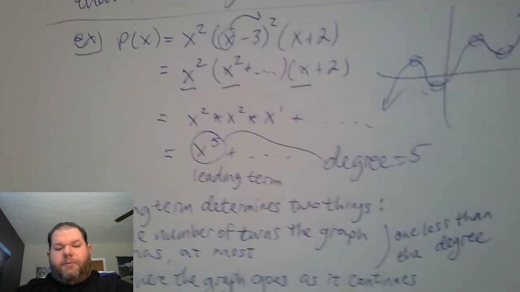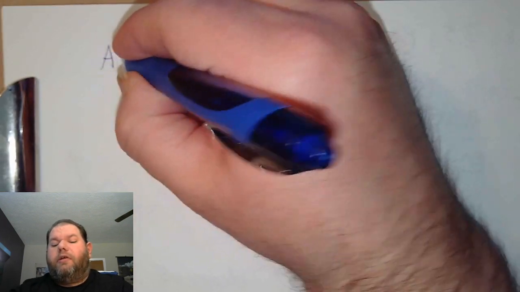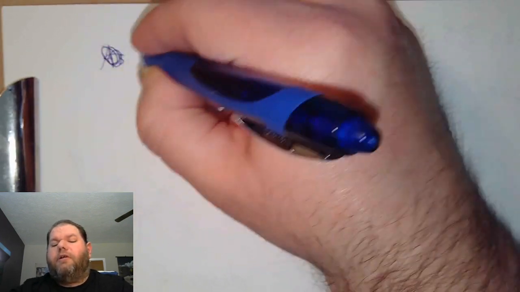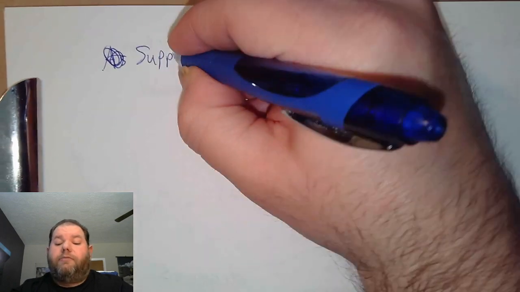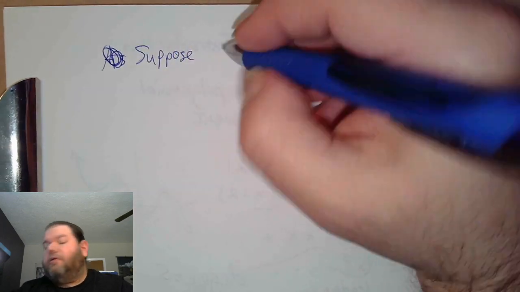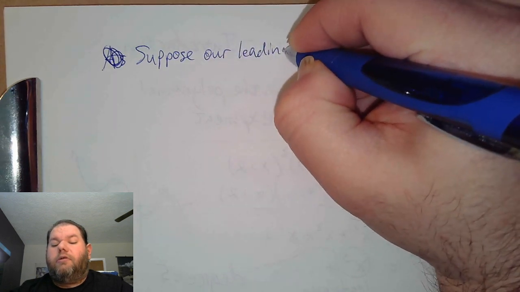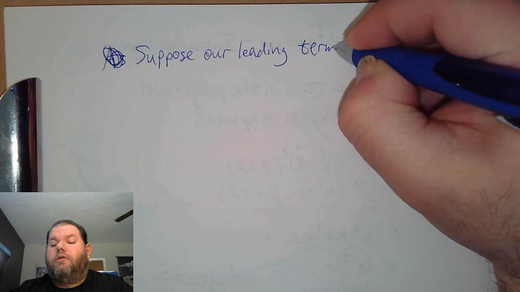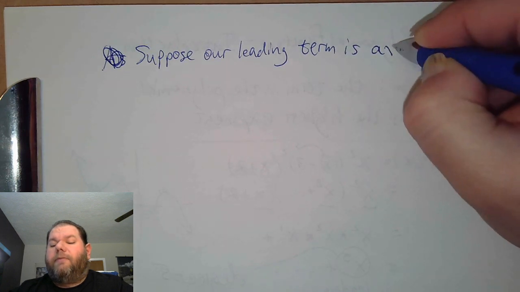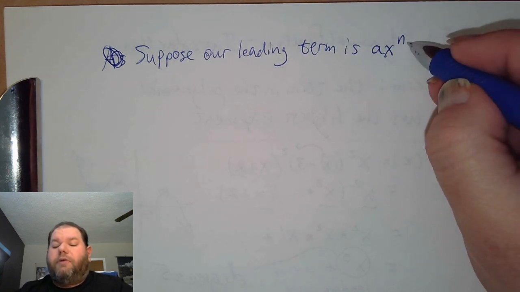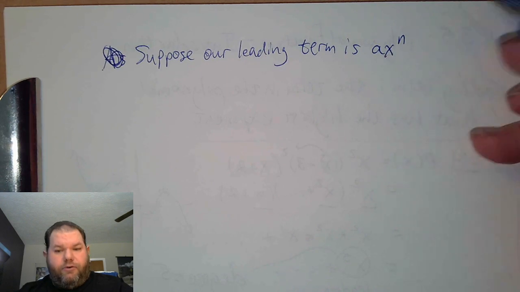Let me write that down a little bit more formally. Suppose our leading term is a times x to the nth power, where n is the degree and a is the coefficient.